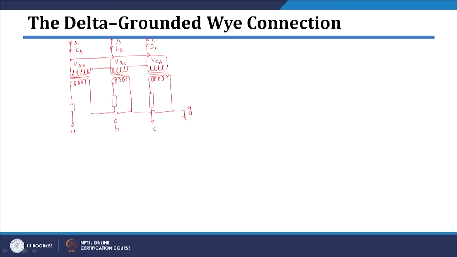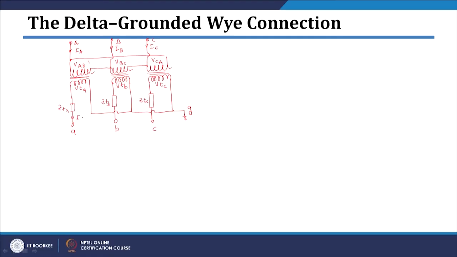Similarly, the currents flowing through these windings will be IAB, IBC and ICA, which are basically delta currents. The terminal voltages on the secondary side, because of the grounded Y connection, will be VTA, VTB and VTC. These impedances are ZTA, ZTB and ZTC.